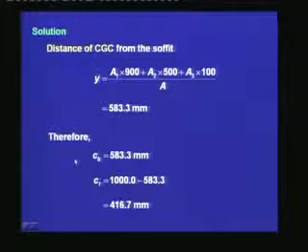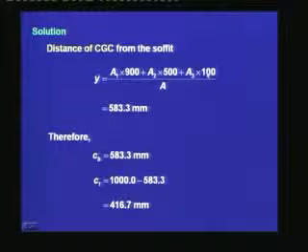The distance of CGC from the soffit is given as the summation of the first moment of the individual areas divided by the total area. The moment of the first area is A1 times 900. The moment of the second area is A2 times 500, and the moment of the third area is A3 times 100.